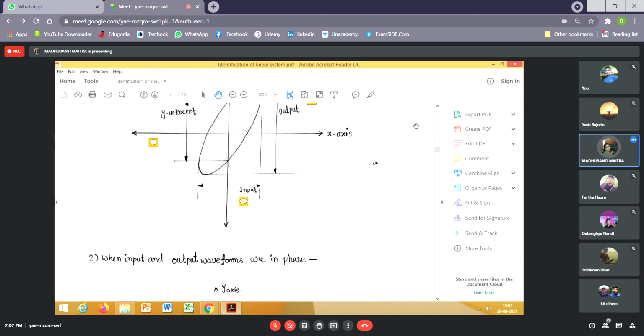So for 50 hertz, the value of 2C is 0.12 and the value of 2B is 0.6. For 100 hertz, the value of 2C is 0.24 and the value of 2B is 0.62.